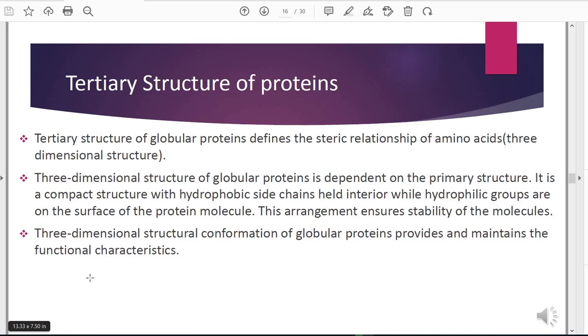فهي لما تبقى arranged in space تعمل لنا it's connected by specific hydrophobic bonds.